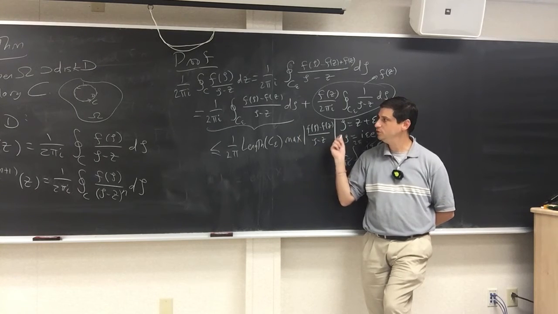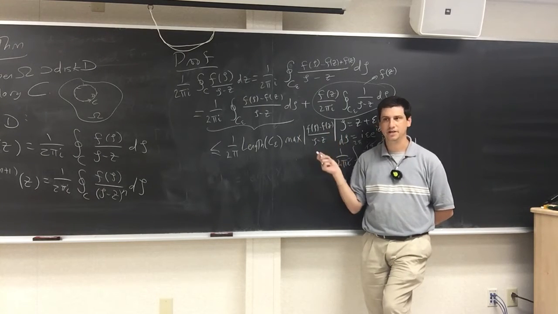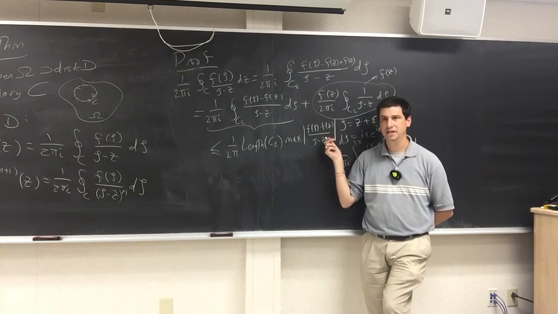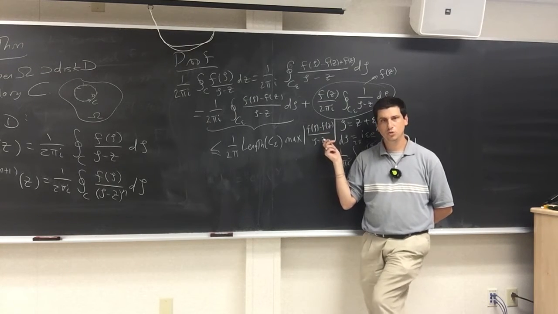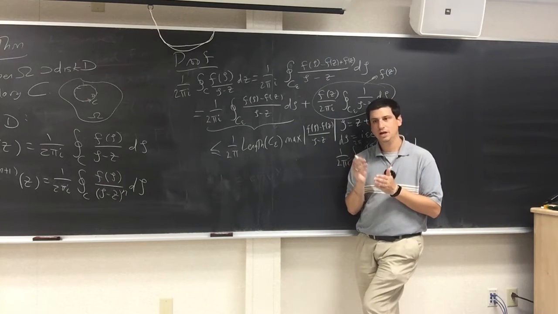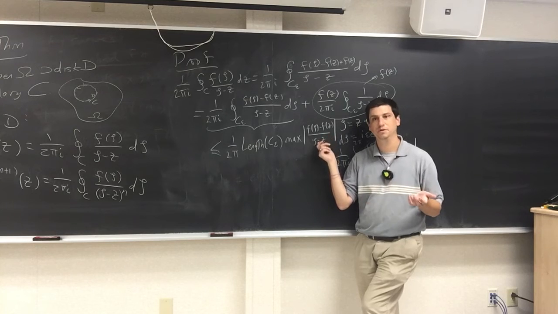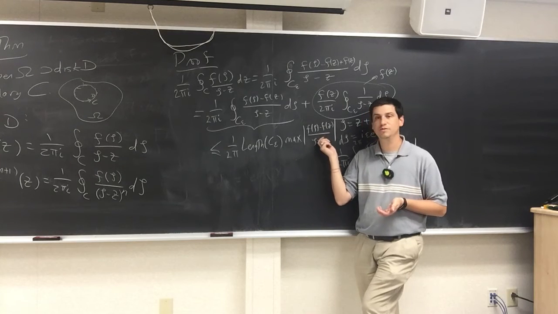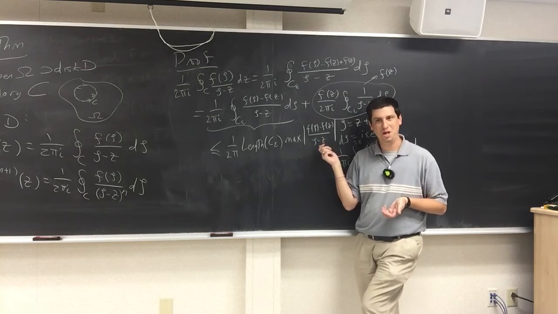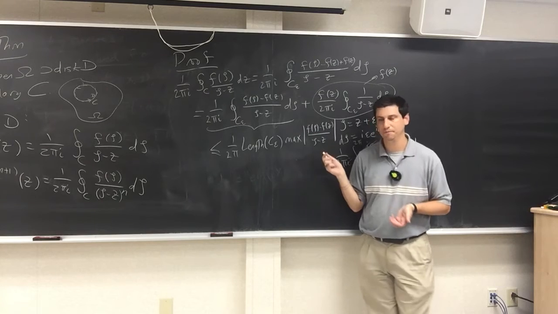I have a continuous function on a compact set. It attains its max and minimum. Well, since the function is differentiable, this limit exists. So what that means is once epsilon is sufficiently small, this has to be close to a fixed number. So imagine the value of the derivative is f prime of z, probably a good name for it. Then eventually it has to be within epsilon of f prime of z.